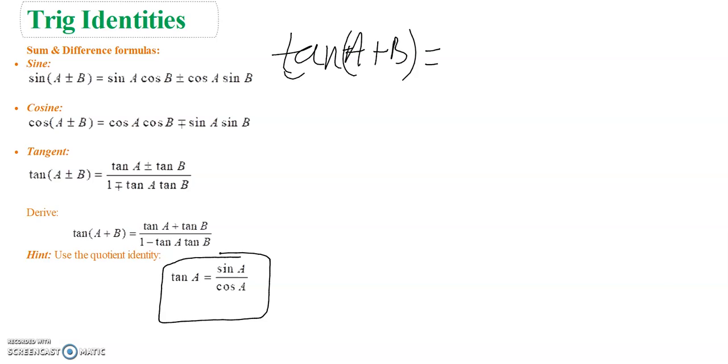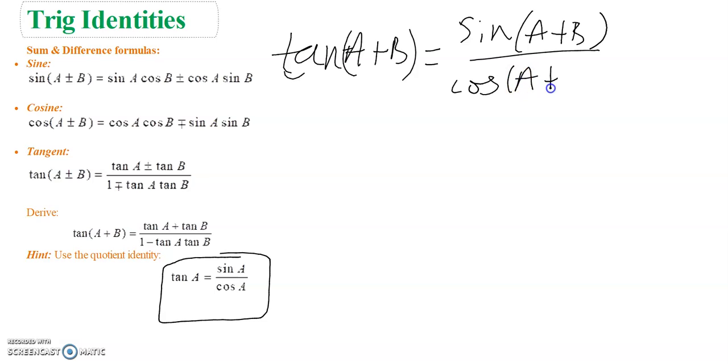So we'll do sine A plus B over cosine A plus B. Now we're going to apply the addition formula for sine, as in this case here, and then also the cosine addition formula in this case.